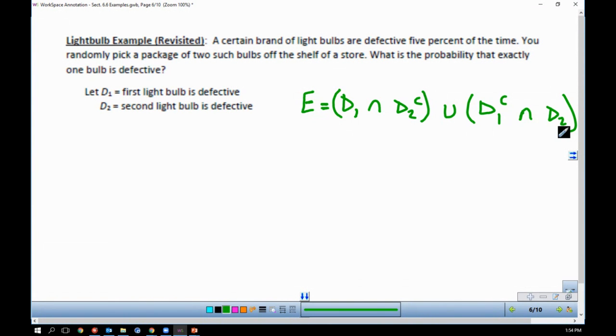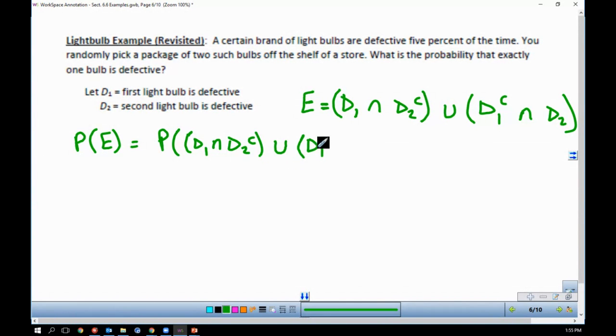Okay, so I want the probability that E occurs. So the probability of E would be the probability of D1 being defective, but bulb 2 not, or bulb 1 not, and D2 is.